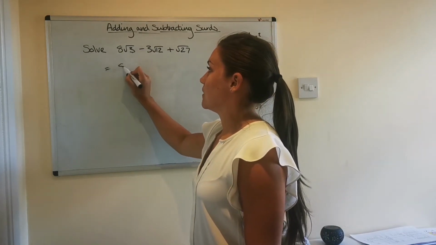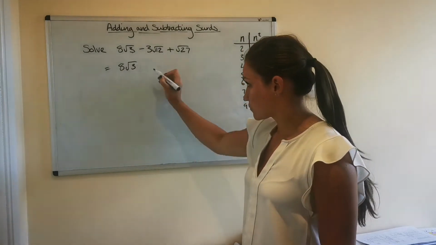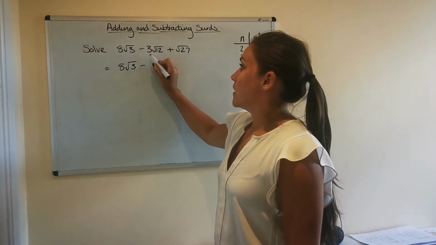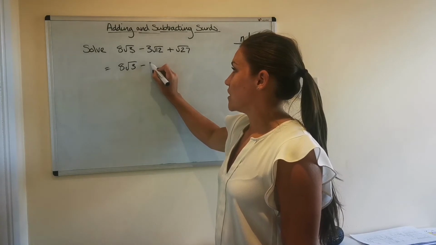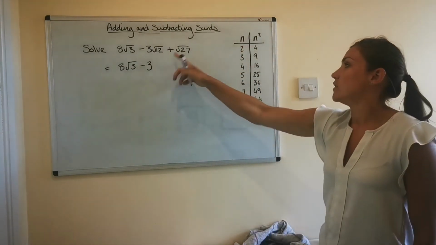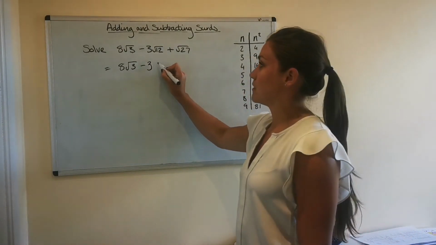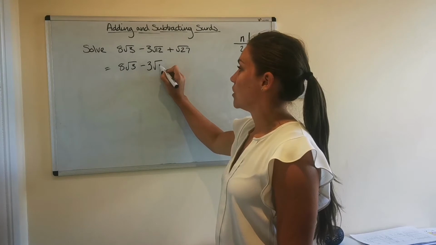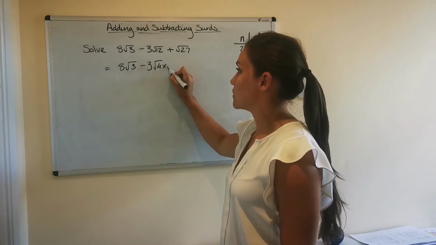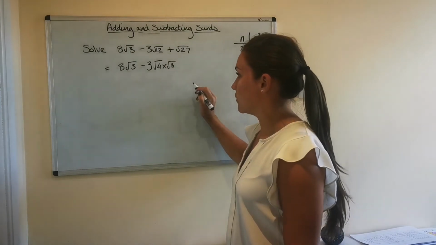So I'm going to just copy this 8 root 3 down because we can't simplify that anymore. Then the big numbers can't be simplified, so they just stay the same. So that's a 3. Now the root 12, you can divide 12 by 4, which is a square number. So that root 12 can be split up into root 4 times root 3, because 4 times 3 gives you the 12.